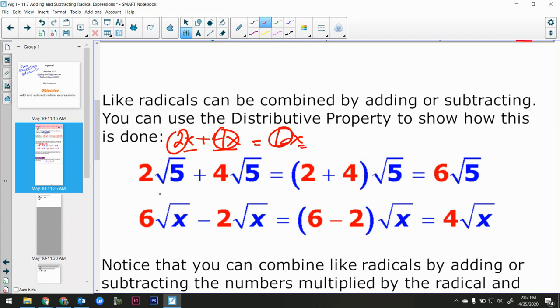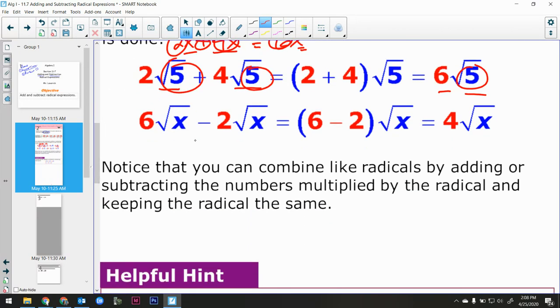Same exact thing happens with radicands. If you have the common radicand term, 2 radical 5 plus 4 radical 5 gets you 6 radical 5. Notice that it doesn't become 6 radical 10 or 6 radical 25 or anything like that. You don't add what's inside the radicand. It's just a like term, just like 6x and 4x doesn't make 6x squared or something like that. This is a plus sign, not a multiplication sign.